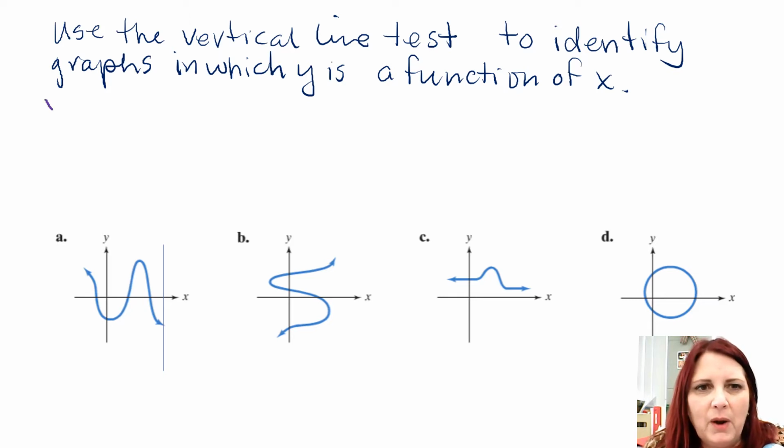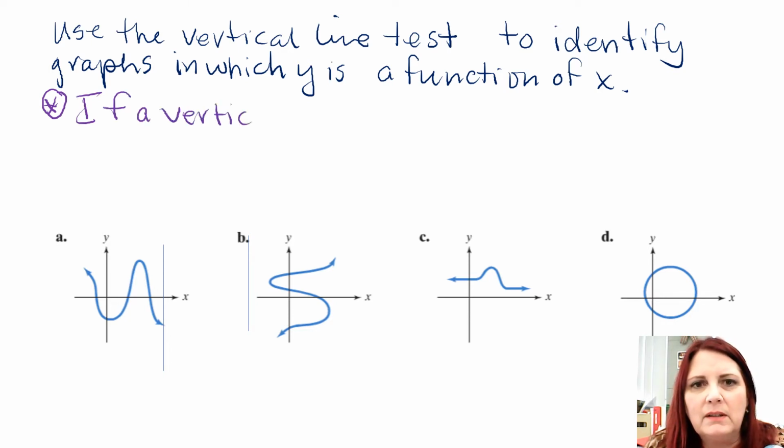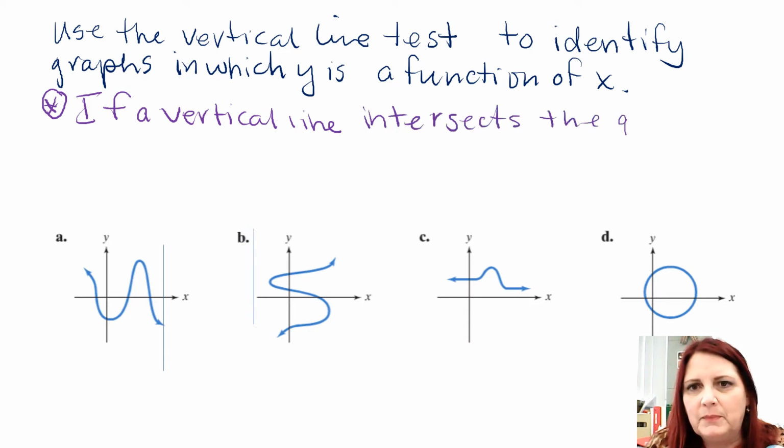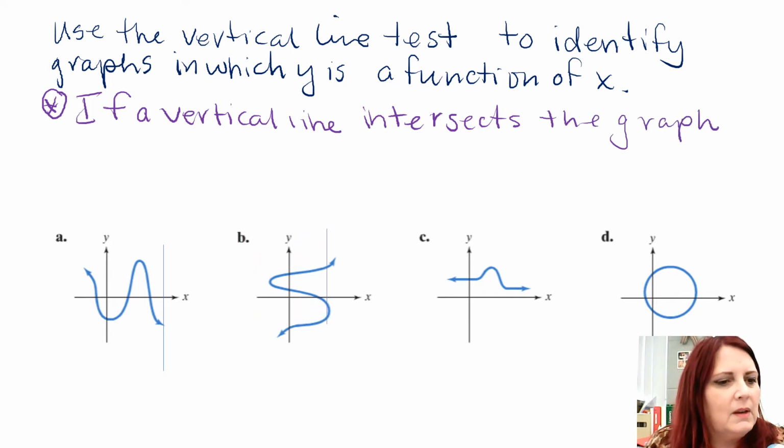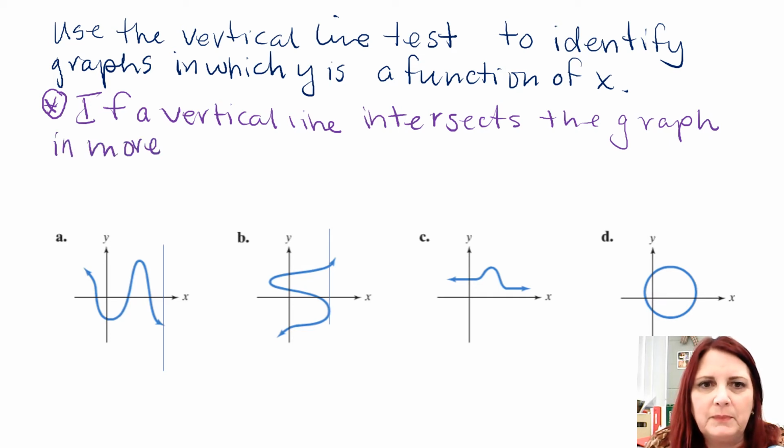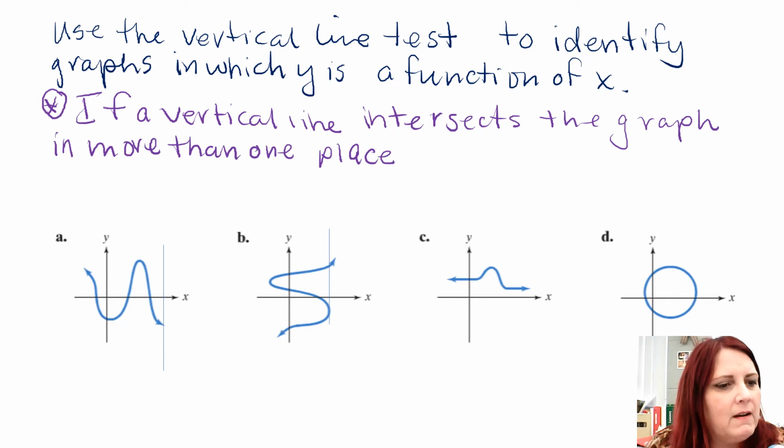Here's how we use that. If a vertical line intersects the graph in more than one place, then the graph does not represent a function.